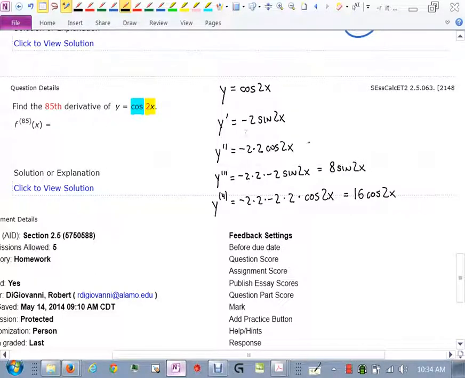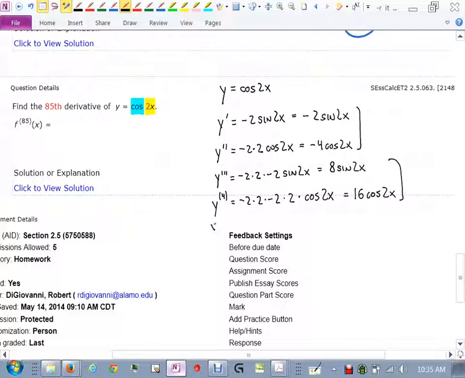And then these two, when I put those together, I get negative 4 cosine 2x. And there's nothing to put together there, so I get negative 2 sine 2x. So it looks like the first two derivatives are both negative, and then the second two are both positive.